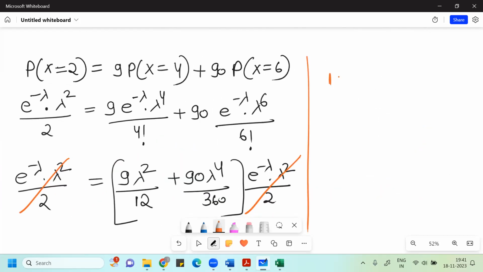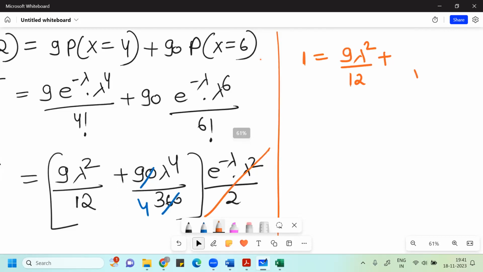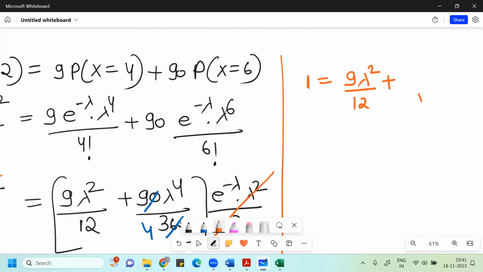So 1 is equal to 9 lambda square by 12 plus, can I write this 90 by 360 as 1 by 4? Then lambda to the power 4 by 4.